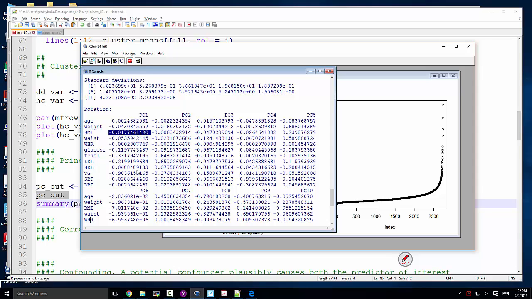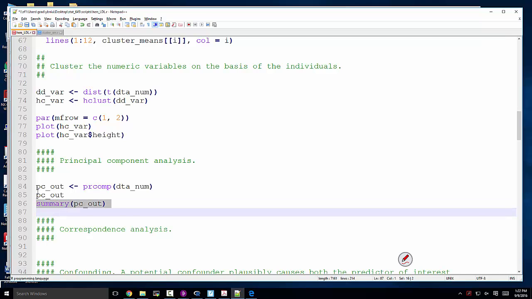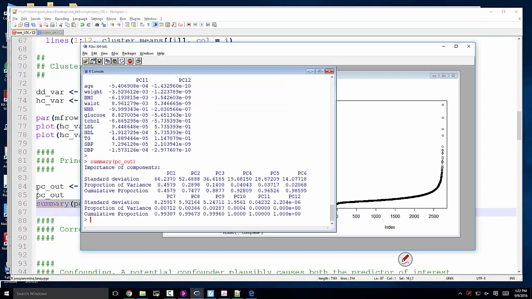For now, we need to do the summary real quick. So that was the basic printout. If you do summary, it tells you the proportion of variance explained. So it's going to compute for us that thing I wrote on the whiteboard, eigenvalue divided by sum of eigenvalues: the proportion of the total variance that's explained by this first one.